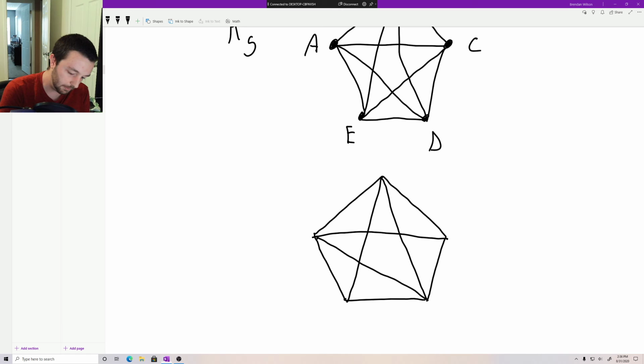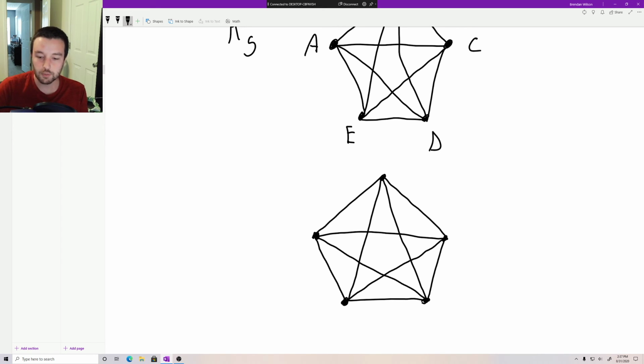And not too much better, but a tiny bit better. So these are the vertices on the corners here. So this is what the complete graph with 5 vertices looks like.